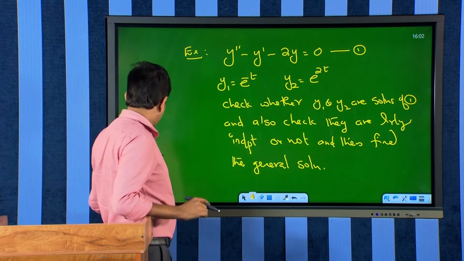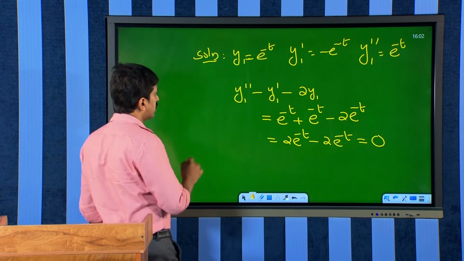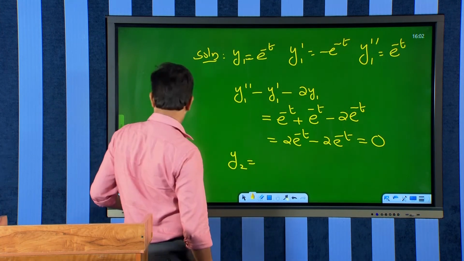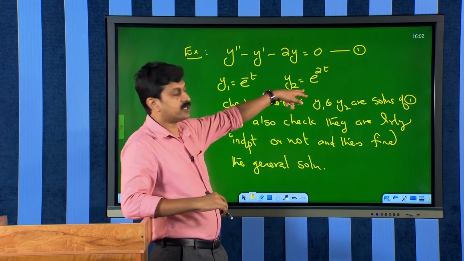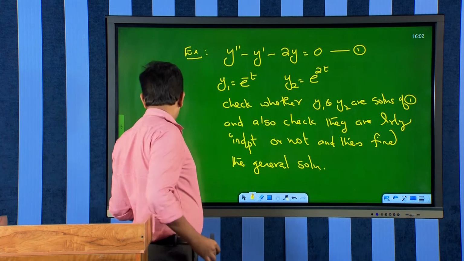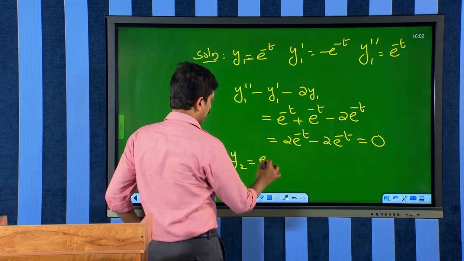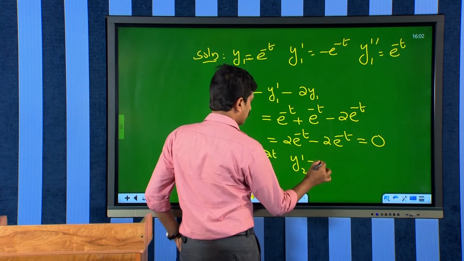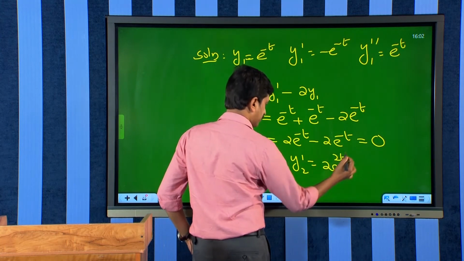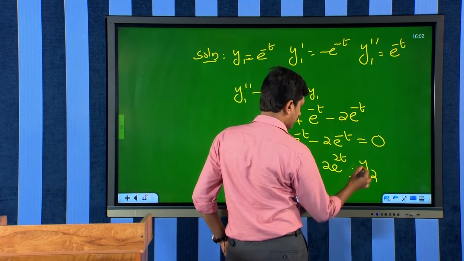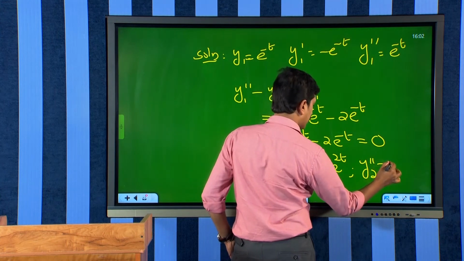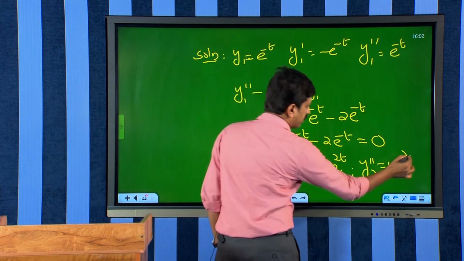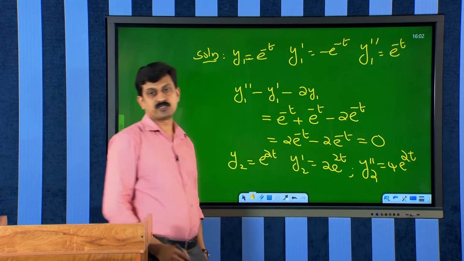And similarly, we can take y2 equal to e raised to 2t. y2 dash is equal to 2 e raised to 2t, and y2 double dash is equal to 4 e raised to 2t.